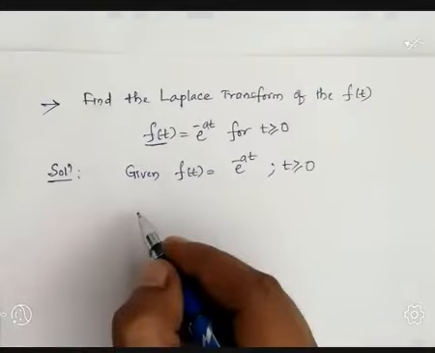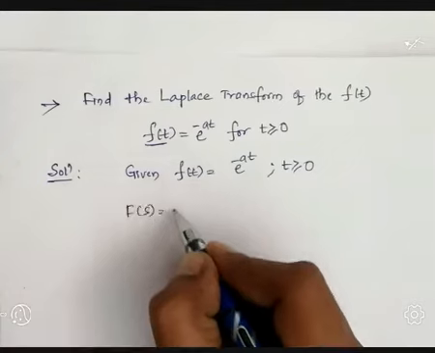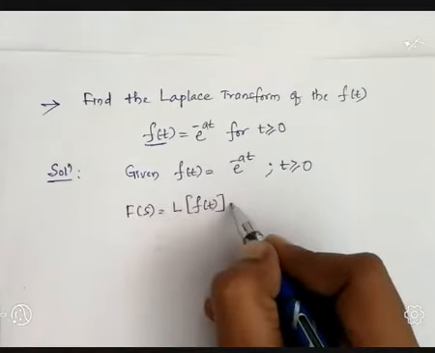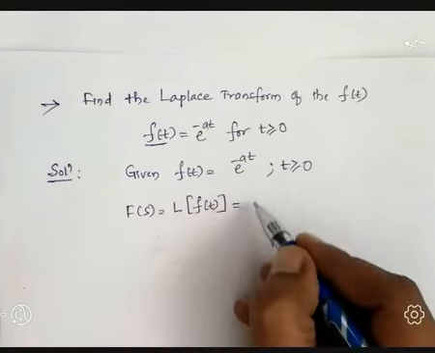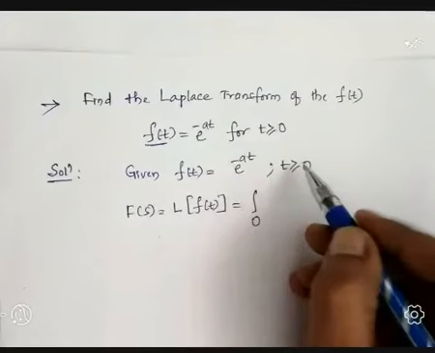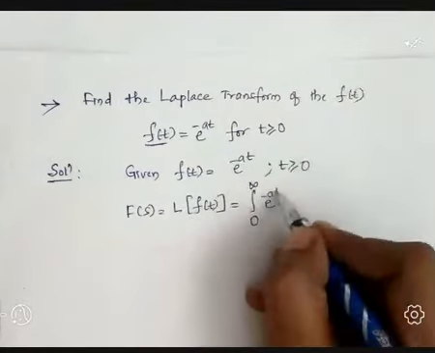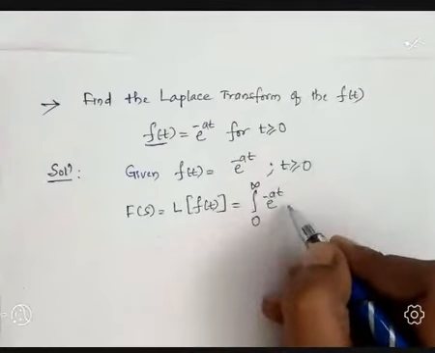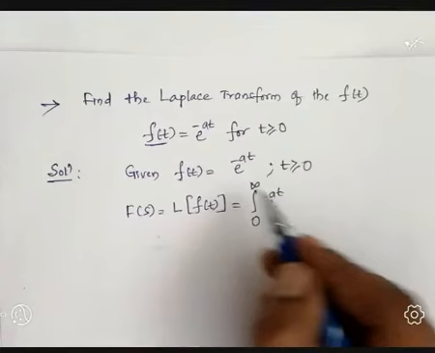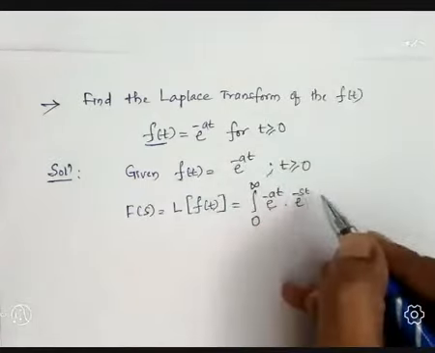Now the definition of the Laplace transform: F of s is equal to the Laplace transform of f of t, equal to the integration over limits 0 to infinity, because this function is also present for t greater than or equal to 0, of e to the power minus at, multiplied by e to the power minus st, dt.